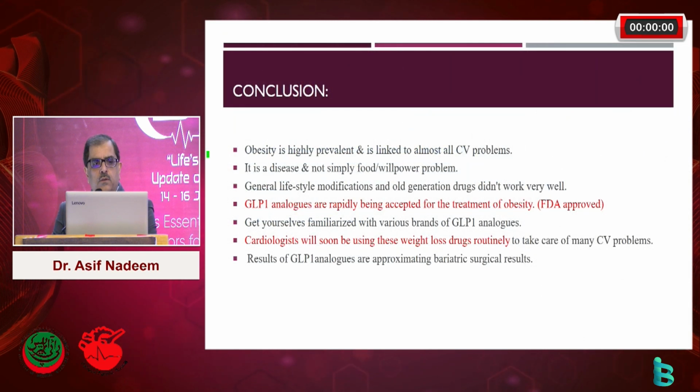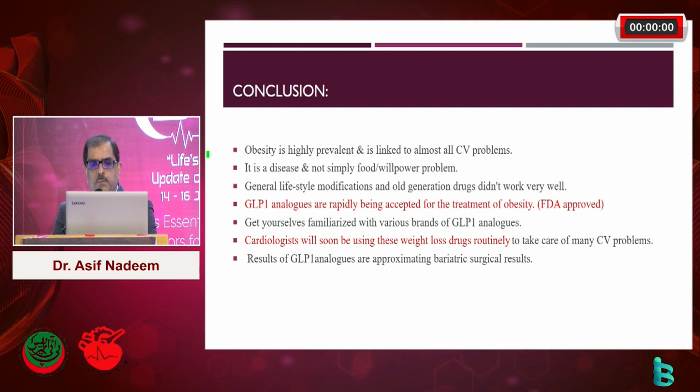So to conclude my talk, we all should know our BMI. Obesity is highly prevalent, and it is linked to almost all cardiovascular problems. It is a disease and not simply a food or willpower problem. General lifestyle modifications and old generation drugs did not work very well.